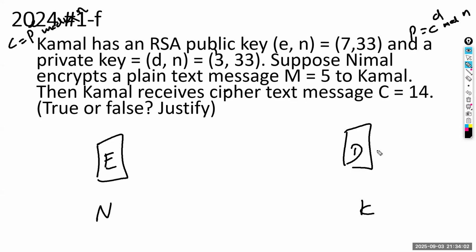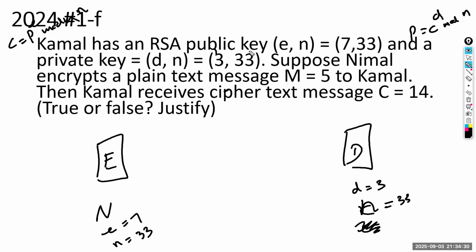So that means E equals 7, N equals 33, the public key is given to Nimal. And the private key D equals 3 and N equals 33.